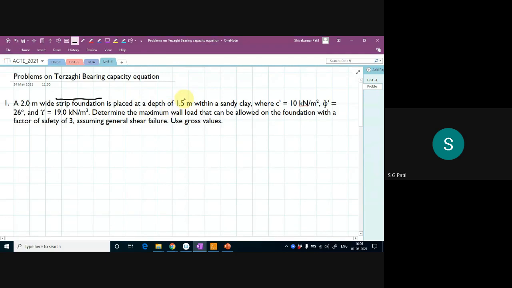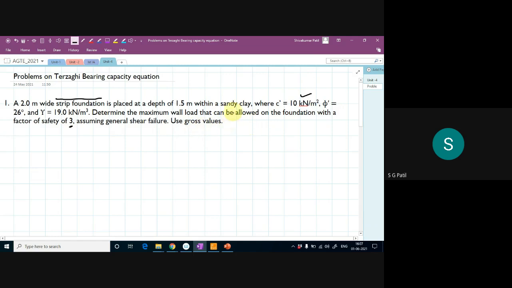It is placed at a depth of 1.5 meter within a sandy clay where the cohesion is 10 kilonewton per meter square, the angle of internal friction is 26 degrees, and gamma is 19 kilonewton per cubic meter. Determine the maximum wall load that can be allowed on the foundation with a factor of safety of 3, assuming the general shear failure case, and use gross values.